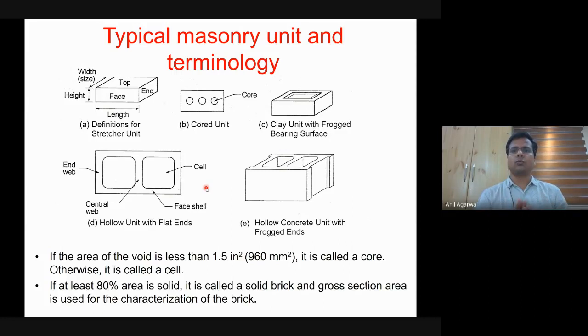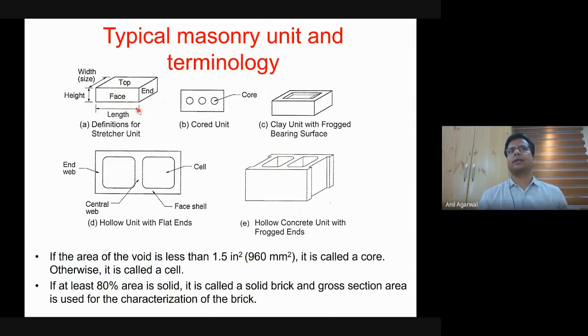First, we want to get familiar with some of the common things that appear with masonry. If you have a typical masonry unit, as in the first picture, there are three dimensions. The largest dimension is usually known as length. The second largest dimension is known as width, and the third largest dimension is usually known as height.